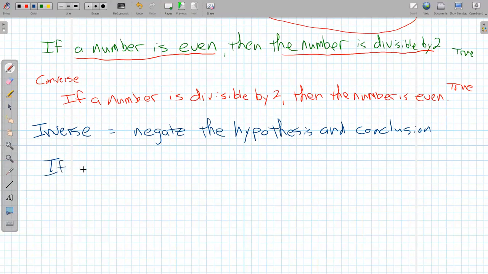So if a number is not even. And remember, be careful about replacing not something with another word, because that gets a little sketchy sometimes. So I'm going to do the safe version there. Then a number is not divisible by 2.